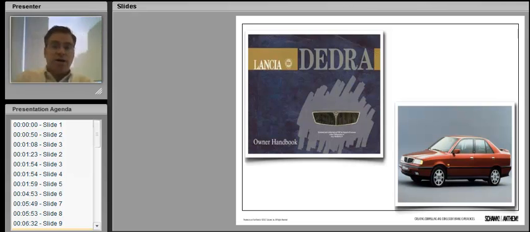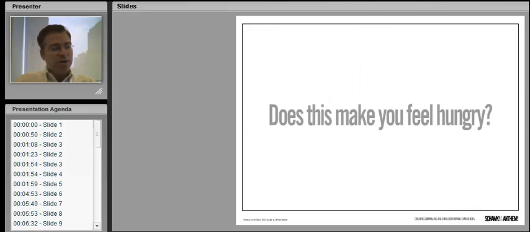Lancia, again, is an Italian car company, and Dedra in Italian actually doesn't really mean anything. But this product was actually a really high seller in Italy, and when they released it into the UK, they had obviously big problems because no one wants to be in a car that starts with the word dead in it. So this is a good example of just leaving the name as is being a problem.